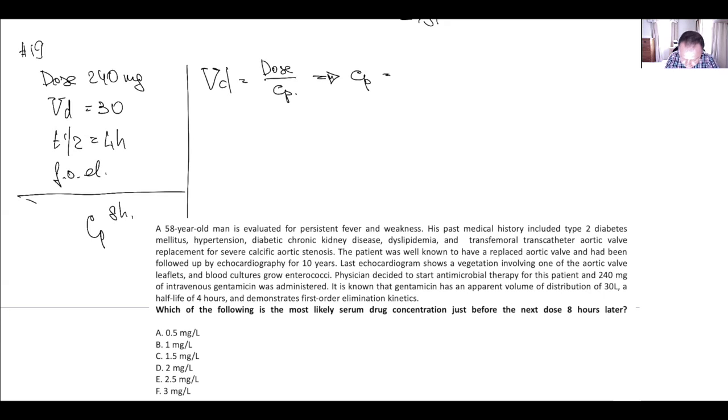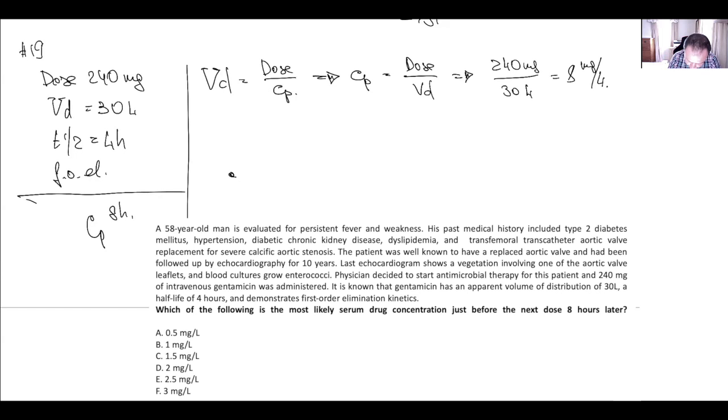Initially, plasma concentration will be dose over volume of distribution, 240 milligrams divided by 30 liters, which corresponds to 8 milligrams per liter.